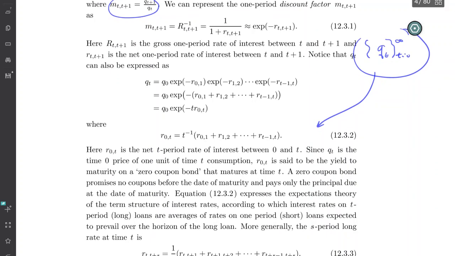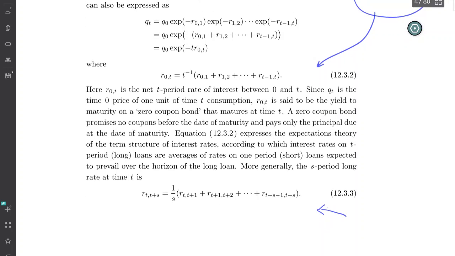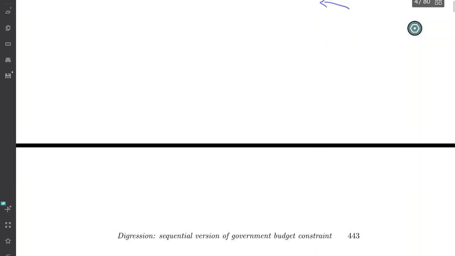So this section reviews this, and it gives you this nifty formula. It's a classic formula. J.R. Hicks got a version of this formula in his book Value and Capital, and that ignited the whole modern theory of the term structure of interest rates. It's based on this equation, and we're going to come back to this in a little bit.